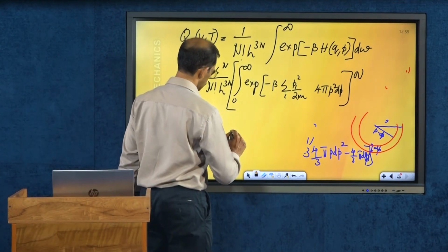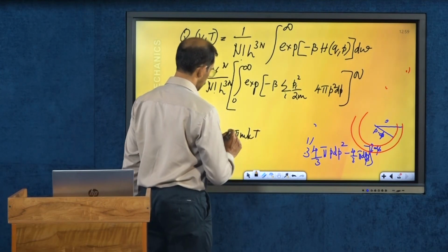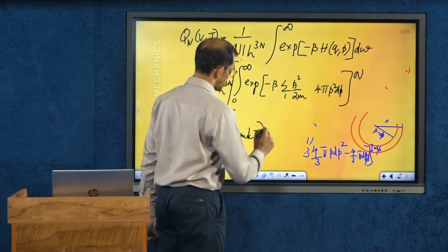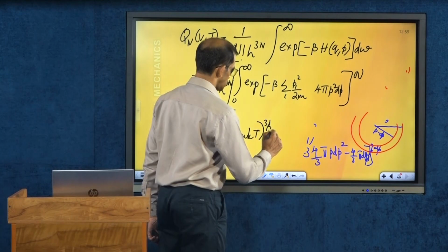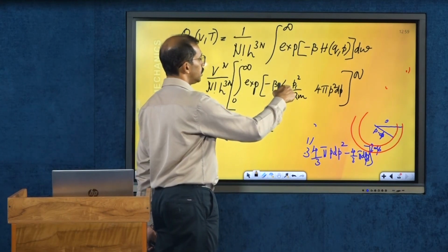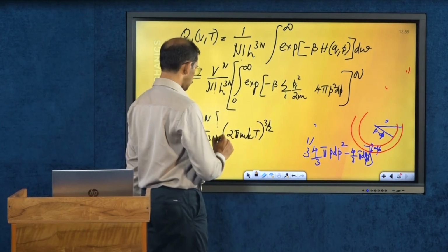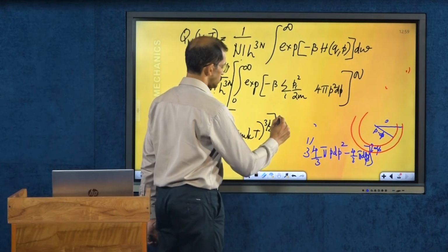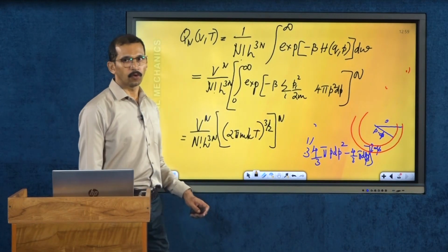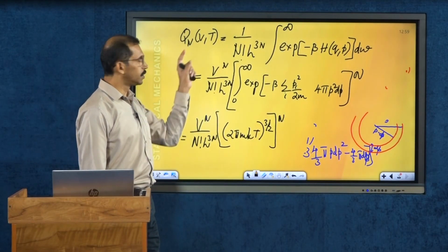Which we can write as 2 pi m kT raised to 3 by 2, times this integral from 0 to infinity of exponential minus beta p squared by 2m, 4 pi p squared dp, and then that raised to n. So this is the expression which you will get for the partition function of a 3D ideal gas system.